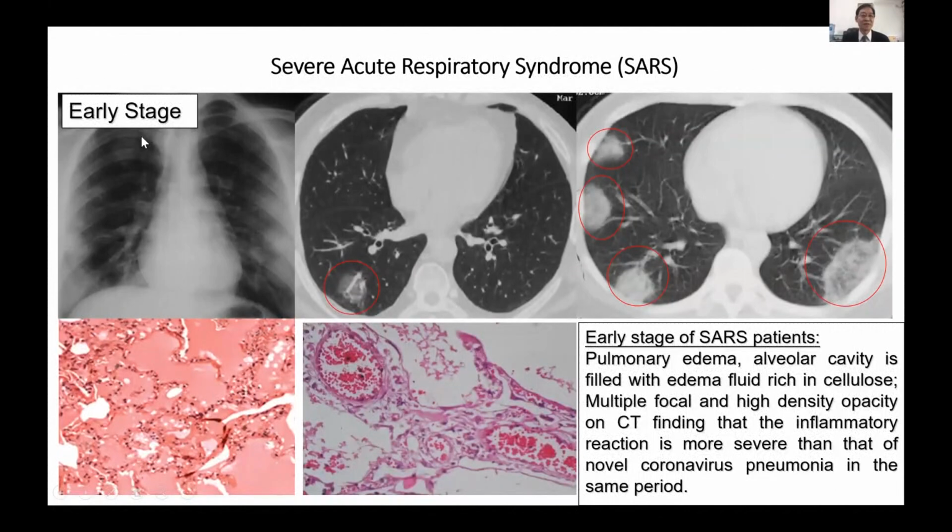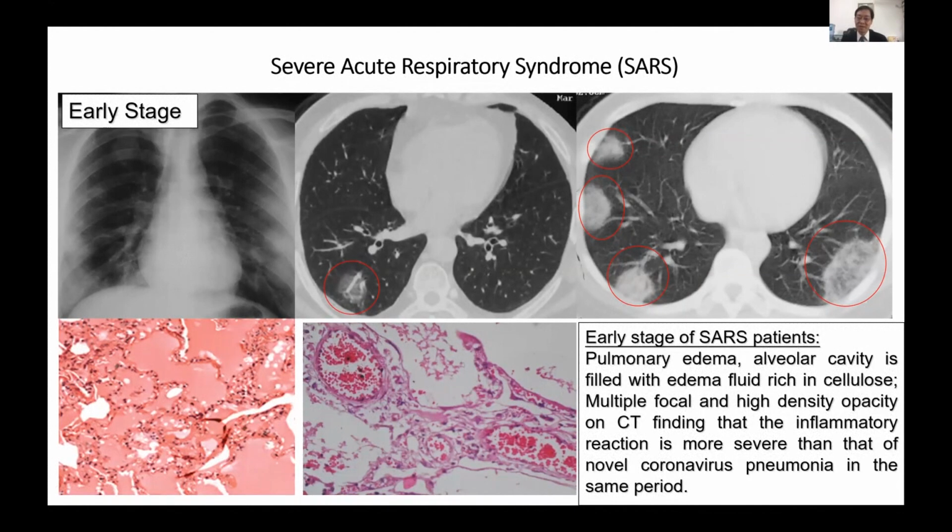The other case shows you early stage X-ray and CT manifestation here. Multipolar high density in early stage SARS patients.